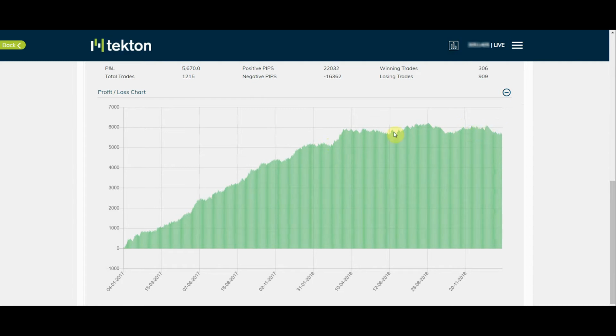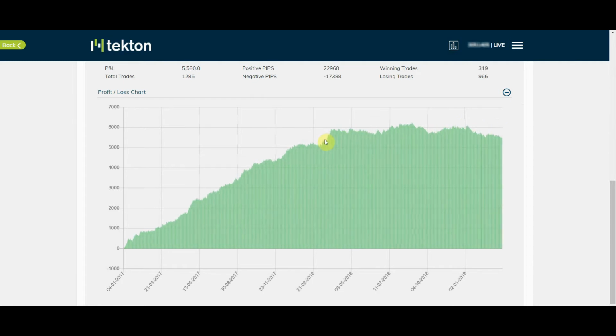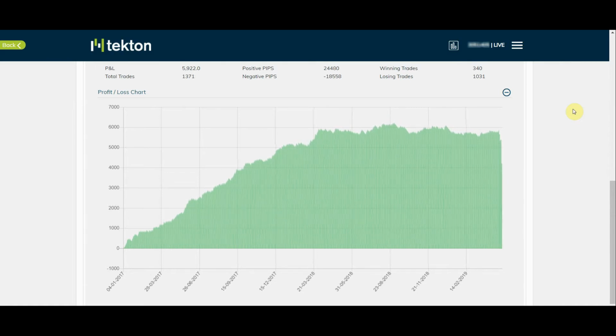So in a moment, I'm going to test just the year of 2018, because then I can see at what points this particular strategy and trading system slows off a little bit, and it gives me the ability then to work around that. And knowledge is power in this instance, because you can then adjust your strategy.